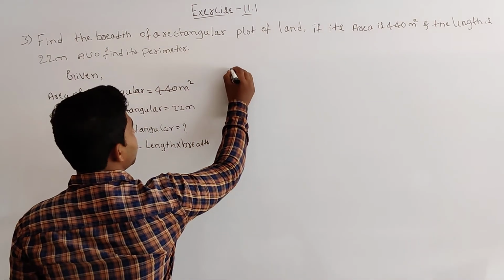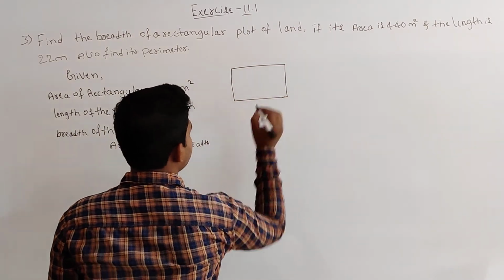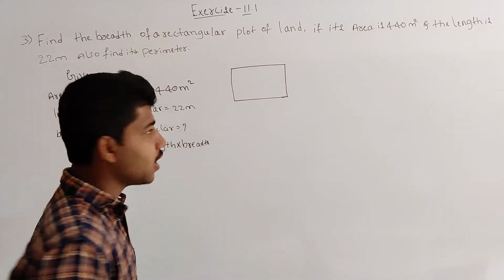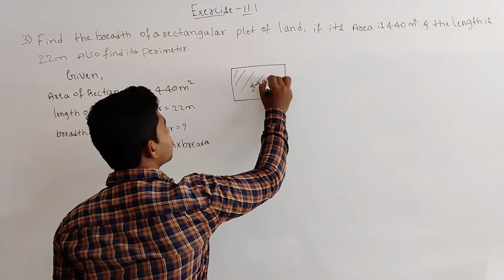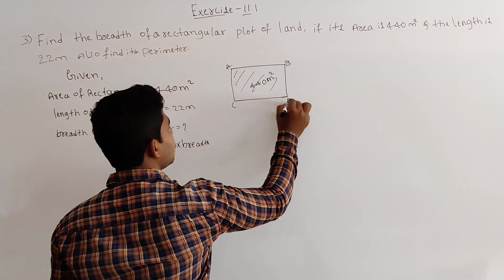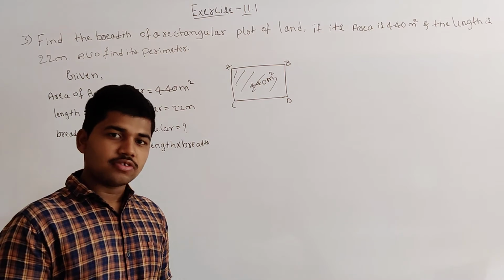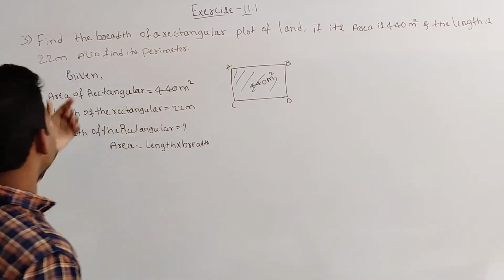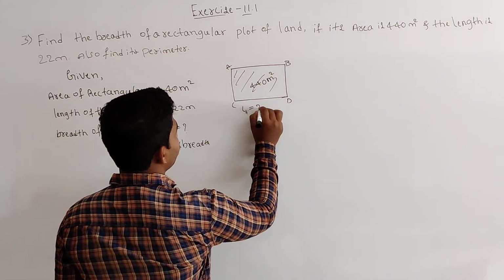Take for example, they have given the rectangle ABCD. They have given the area: area is equal to 440 meter square. And they also gave the length of the rectangle: length is equal to 22 meter.